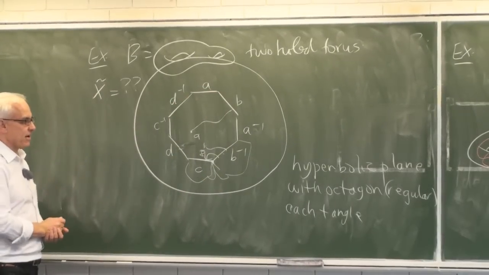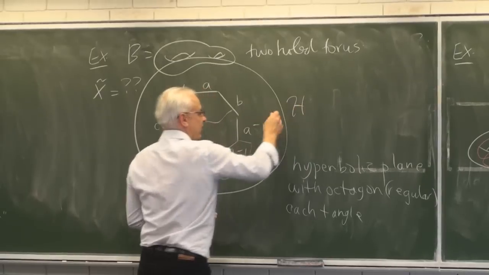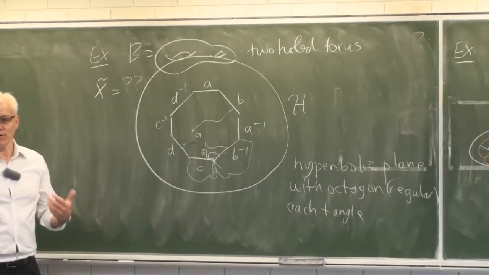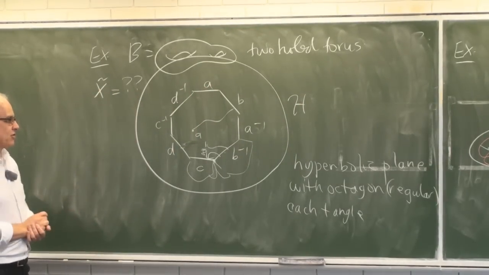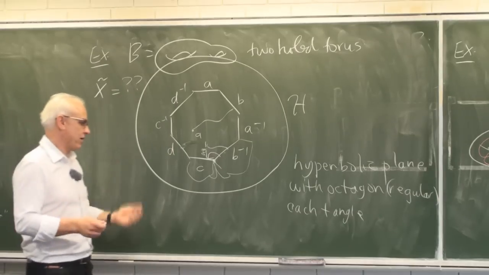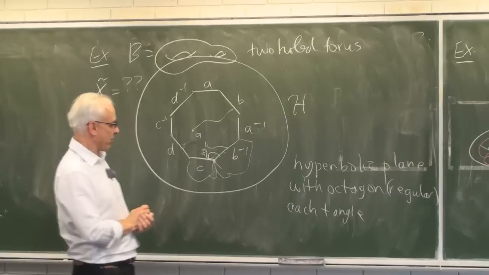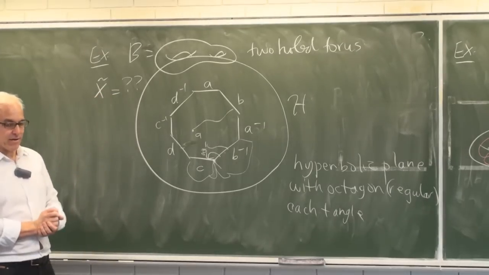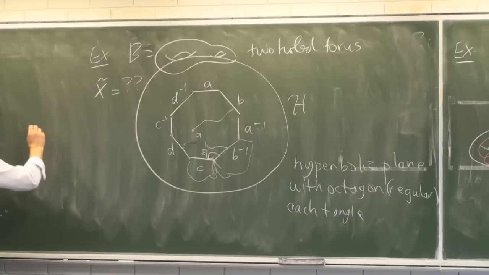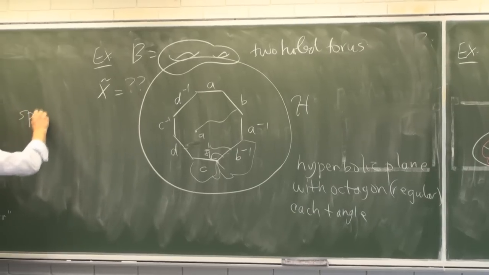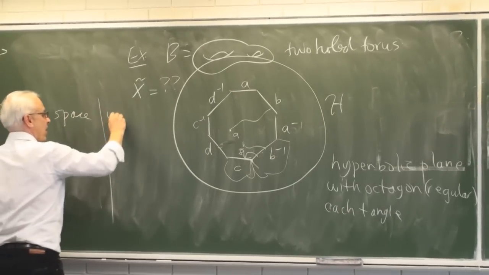And then it turns out that the hyperbolic plane, or this disk, is then the universal cover of the two-hole torus. Okay, that's a story that takes quite a lot of explaining to do it correctly, so I'm not going to do it. I just want to give you a rough idea. Okay, so the final picture that we have is we have the space over here and the universal cover.